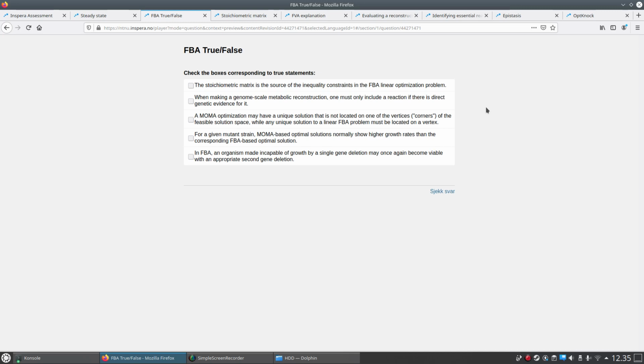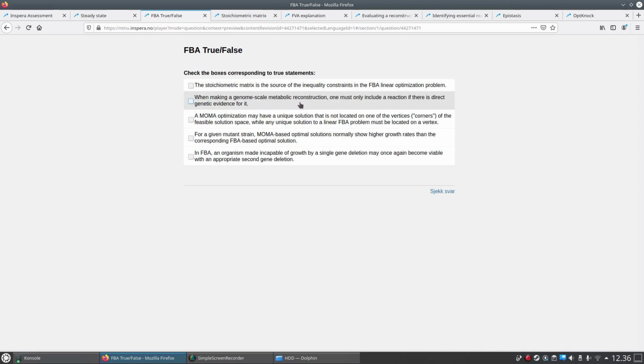From a programming or code point of view, you're also going to have fixed inequality constraints on internal reactions, but these are typically set high enough as to be irrelevant. But the inequality constraints come from outside of the stoichiometric matrix. So this is not true.